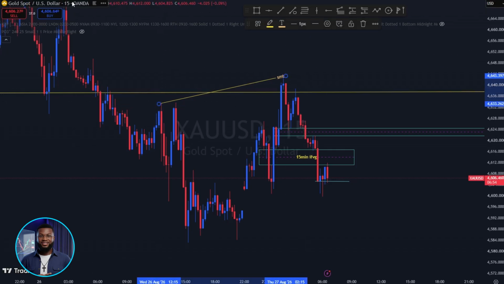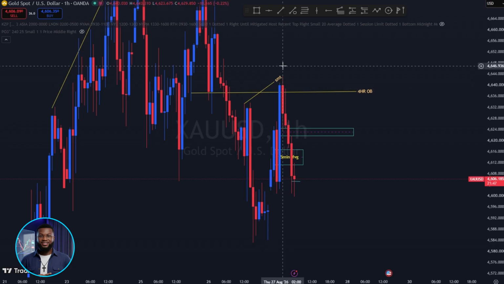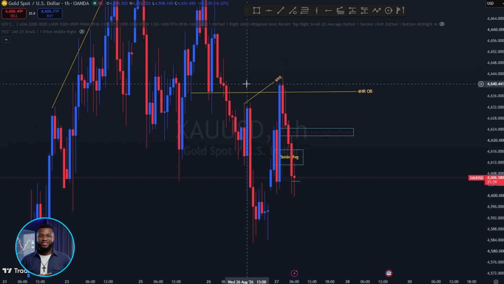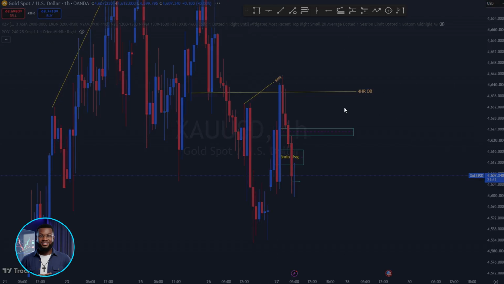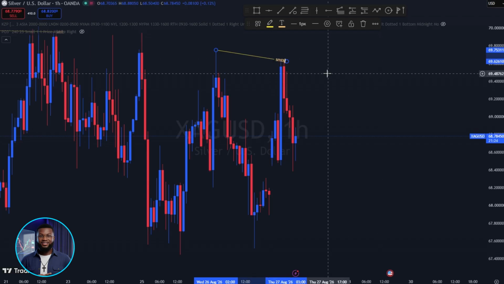Realize that this Thursday 2 a.m. candle high has taken the previous, I think yesterday's, 2 a.m. high, right? And check the gold. You see there's also another divergence over here, meaning that it is a good place for price to retrace.